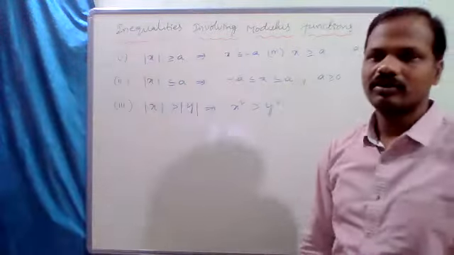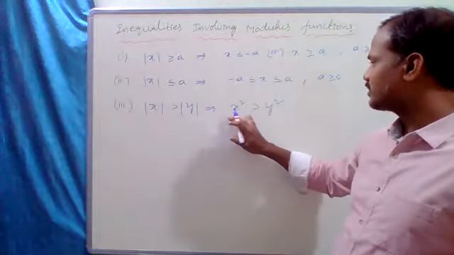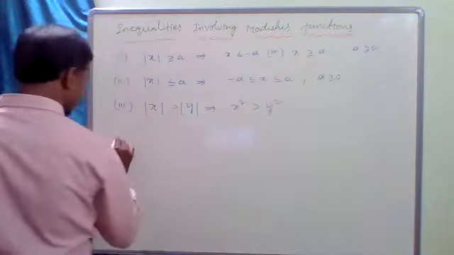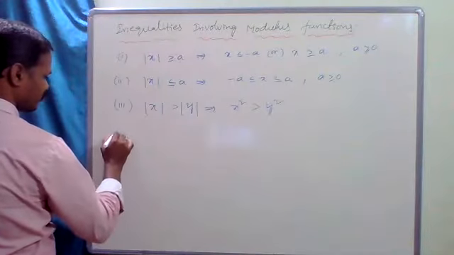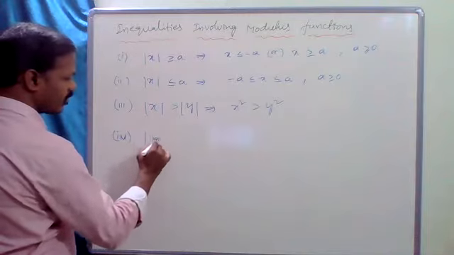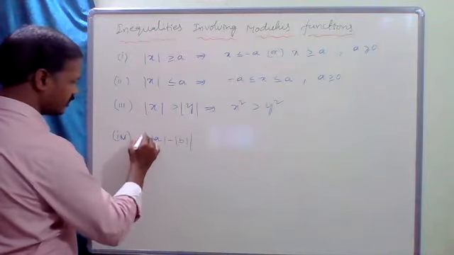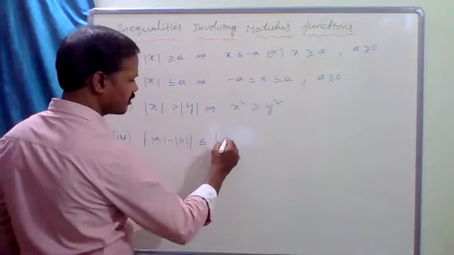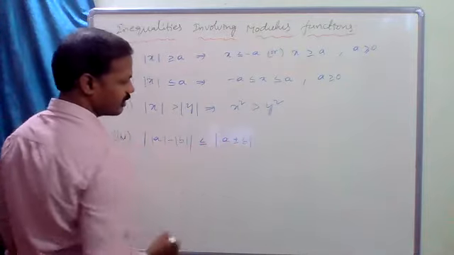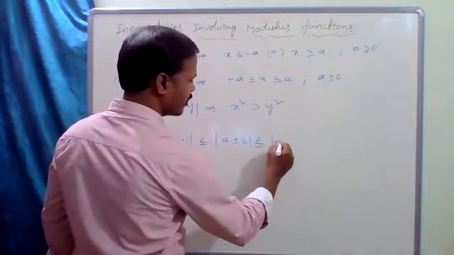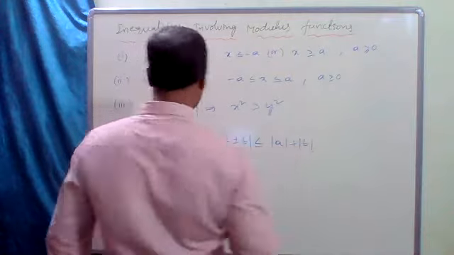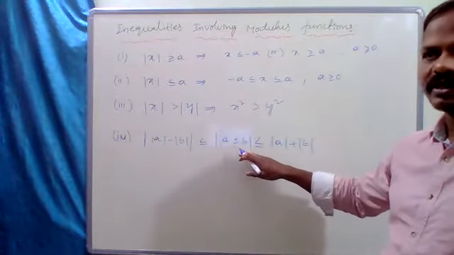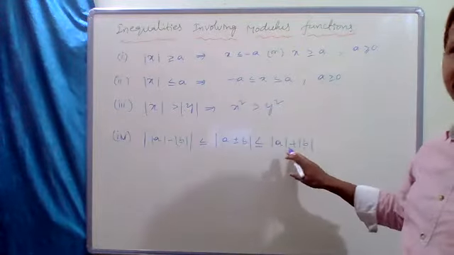Then, modulus of mod a minus mod b is less than or equal to modulus of a plus or minus b, which is less than or equal to mod a plus mod b.